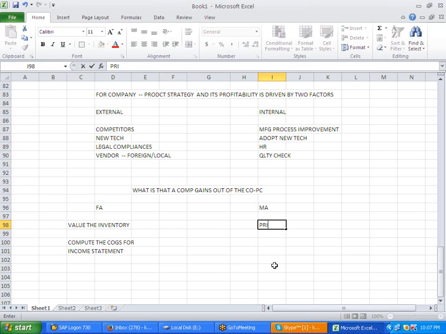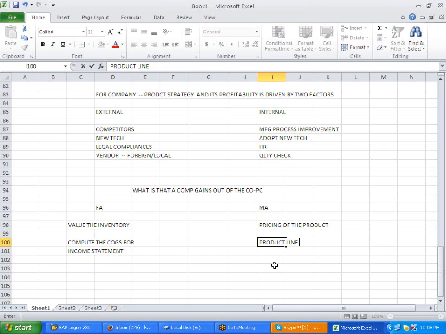Now, what is it from the managerial perspective? I can do the pricing of the product if I know the cost of the product. It is very easy to do the pricing of the product through product costing. Product line decision: what is a product line decision?